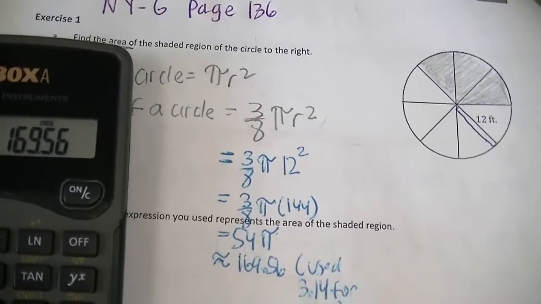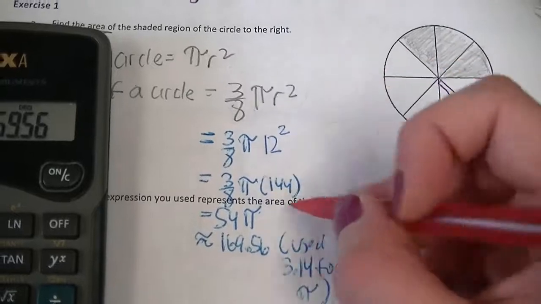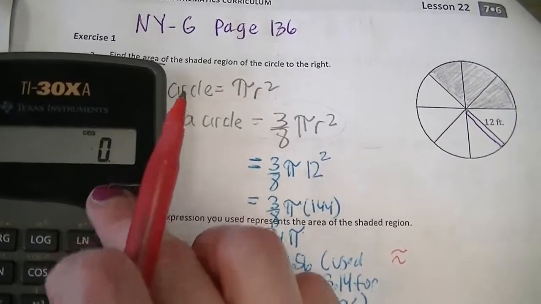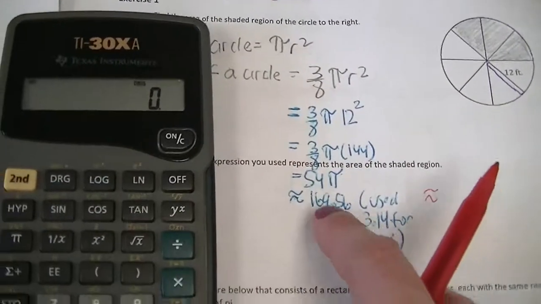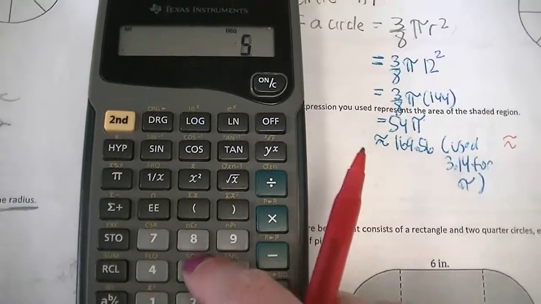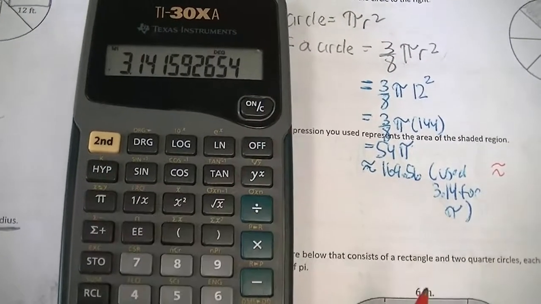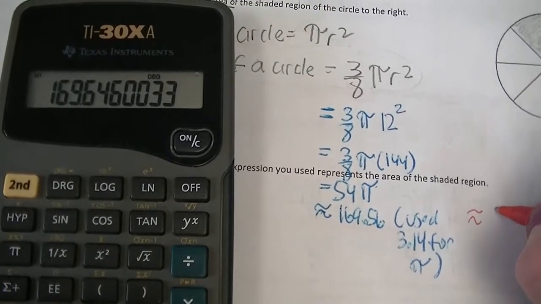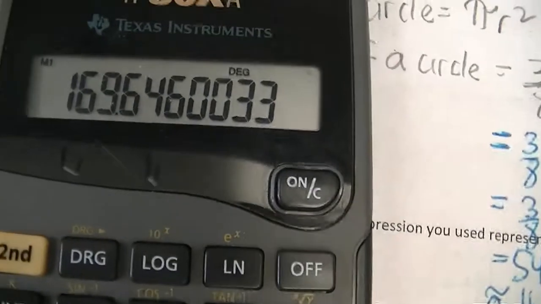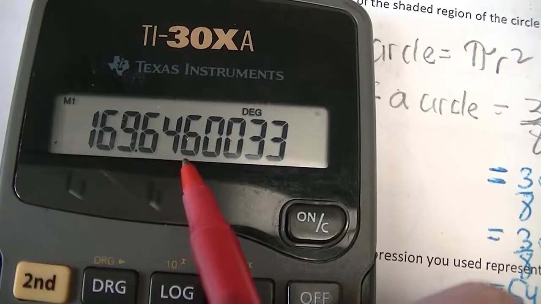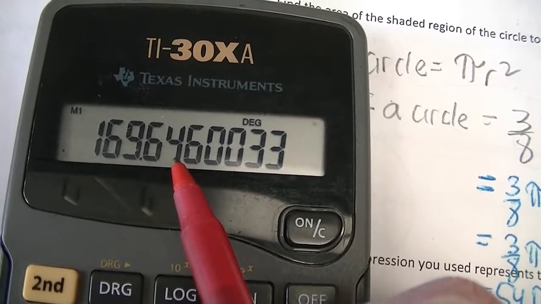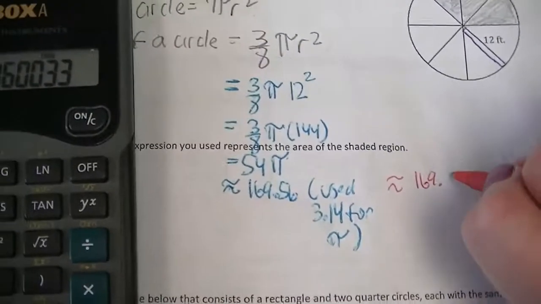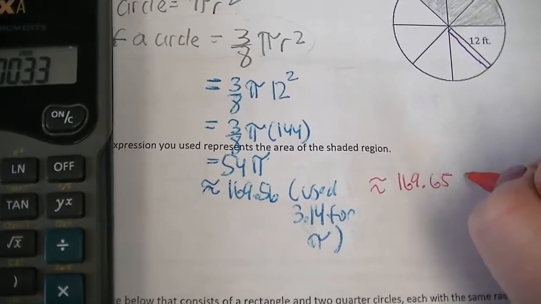However, if I would have used the pi button, it's still an approximate because it doesn't all fit on your calculator. So 54 times the pi button on the calculator, I get this. Let's go to the nearest hundredth, 169, and that's the hundredths place. Look behind it. If it's 5 or above, this 4 goes up. 6 is 5 or above, so it's 169.65. 169 and 65 hundredths.